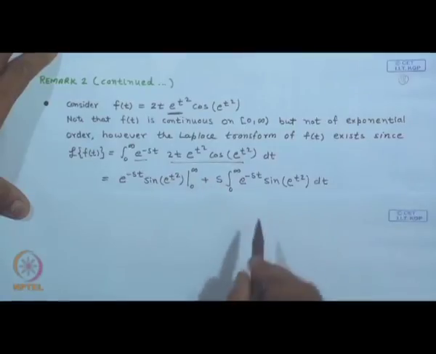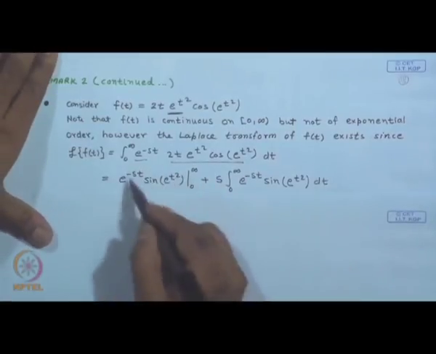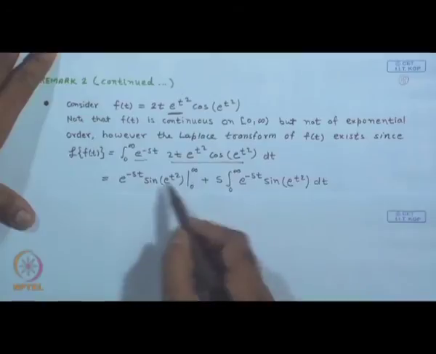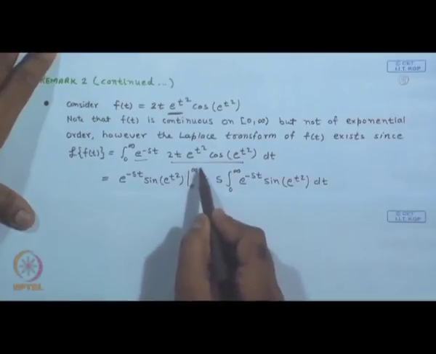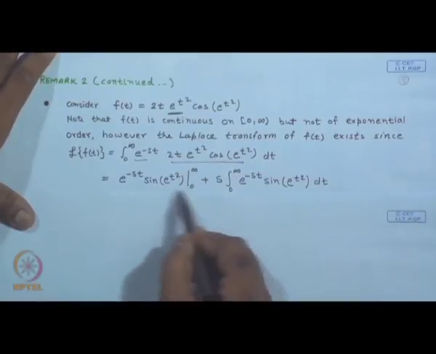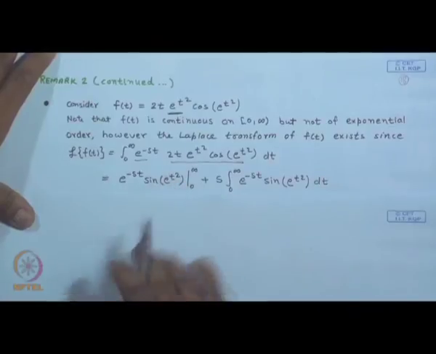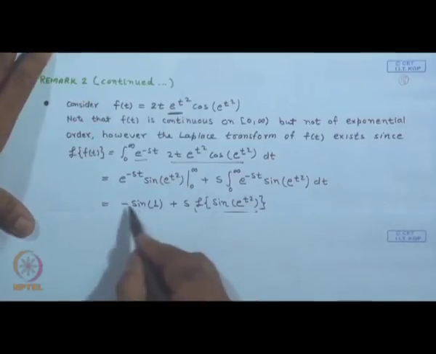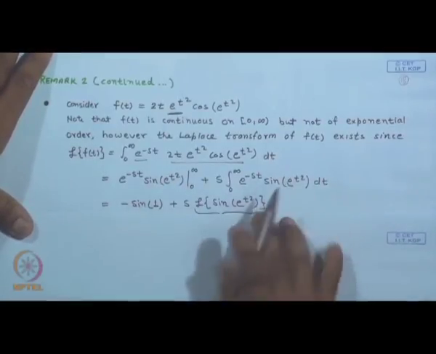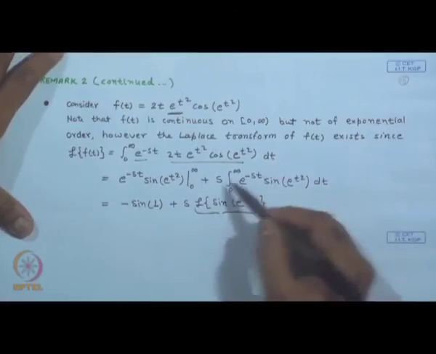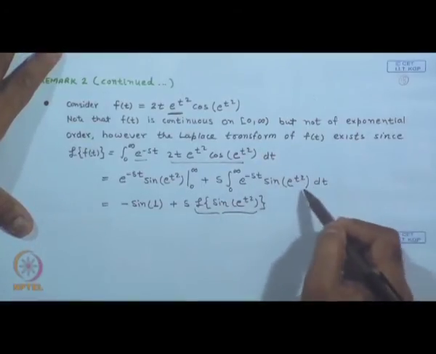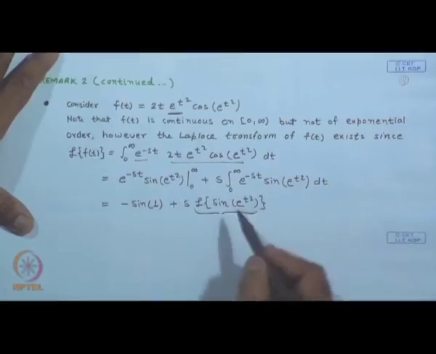So, we will get here plus s, and then this term will go to 0 as t tends to infinity, and as t approaches 0 this will be sin 1, so with minus sin 1. And here we have s times the Laplace transform of sin e power t square.